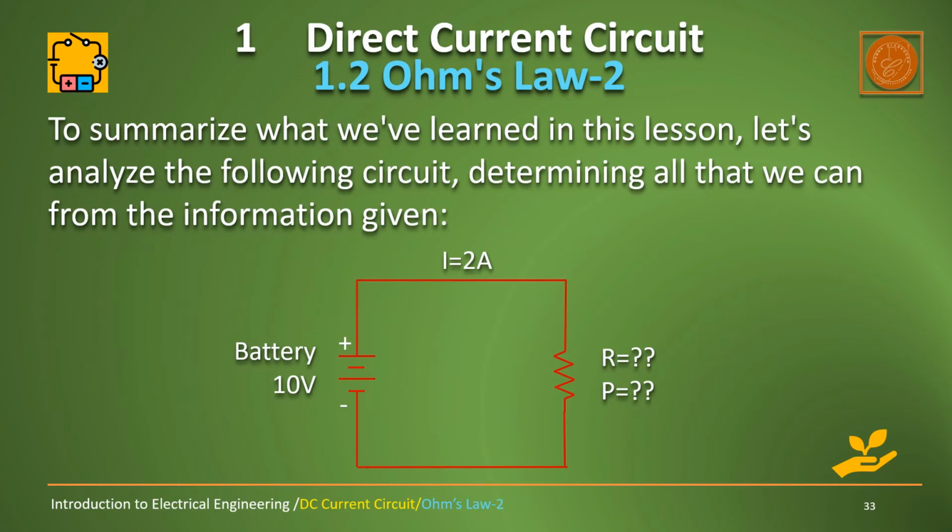To summarize what we have learned in this lesson, let's analyze the following circuit, determining all that we can from the information given. The battery voltage is 10 volts, and the current is 2 amps in the circuit. What is the resistance and the power dissipated by this resistor?